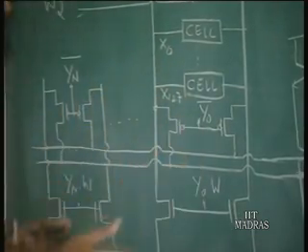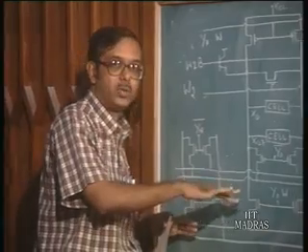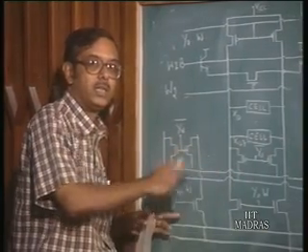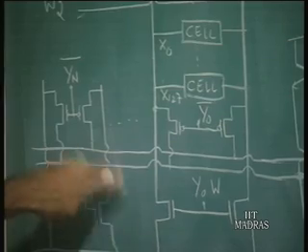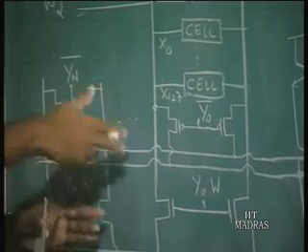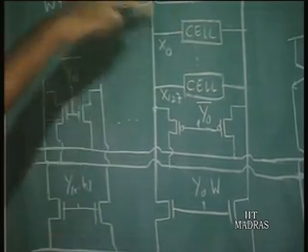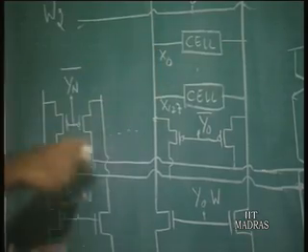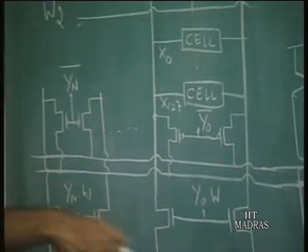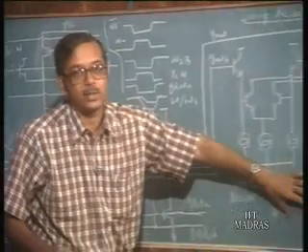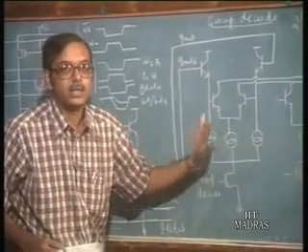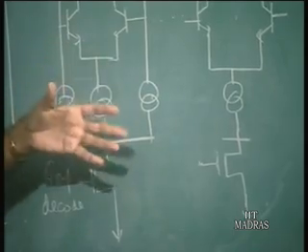You have another decoder, a 4 to 16 decoder, which selects one column in each group. So you select one cell in each column by one decoder, then you select one column in each group, and then a third decoder selects one group out of the remaining 2 to the power 7 groups.